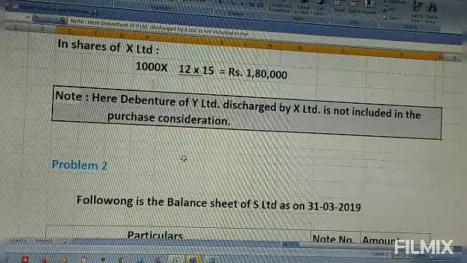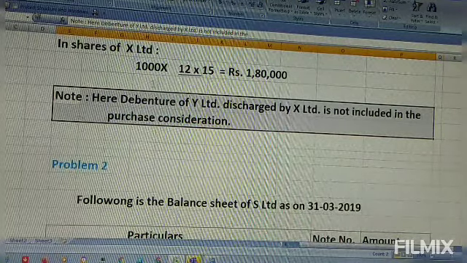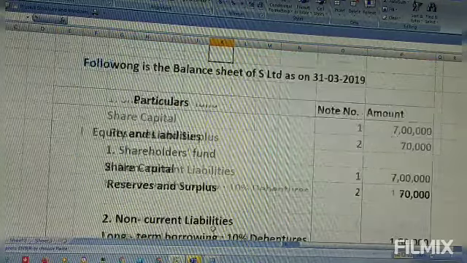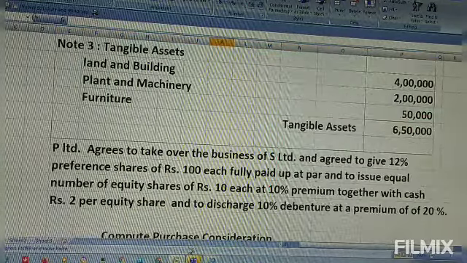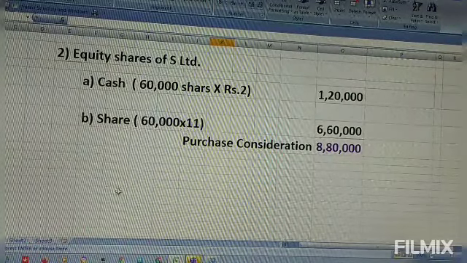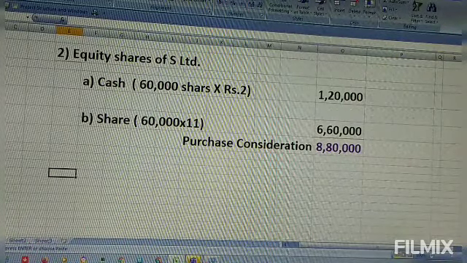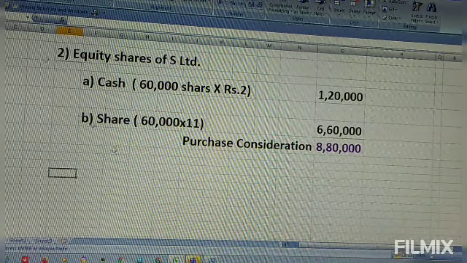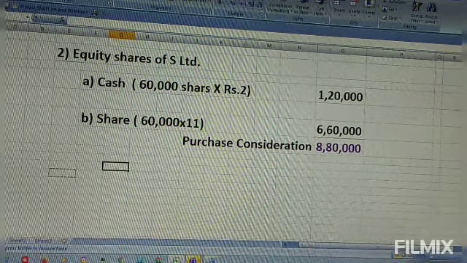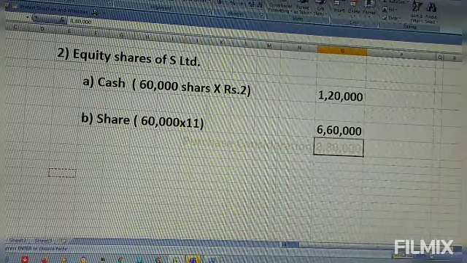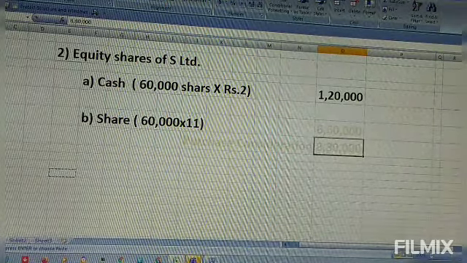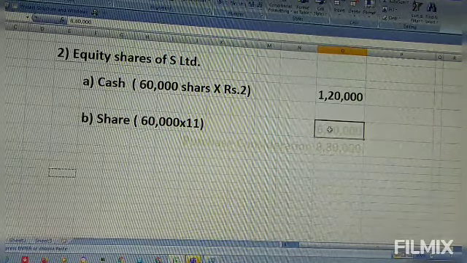It instead exchanged the debentures for new debentures. That's why the debentures should not be taken. So we can write a note here.